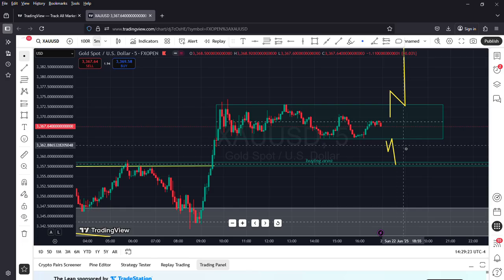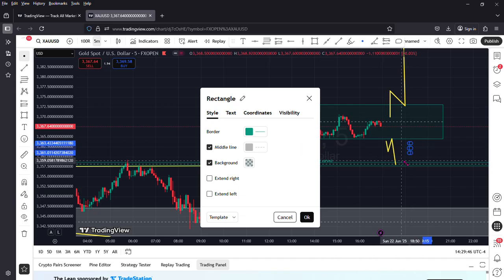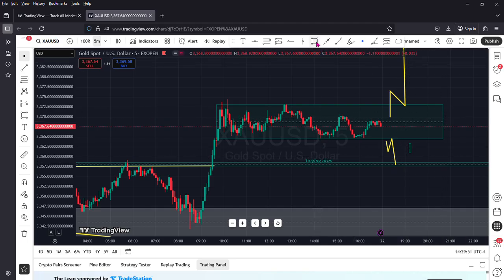But if the market comes down to this zone and breaks the body of the candle, breaks out from this zone, I mean the market is coming down with full force, coming down like this, and breaks out like this on sell.